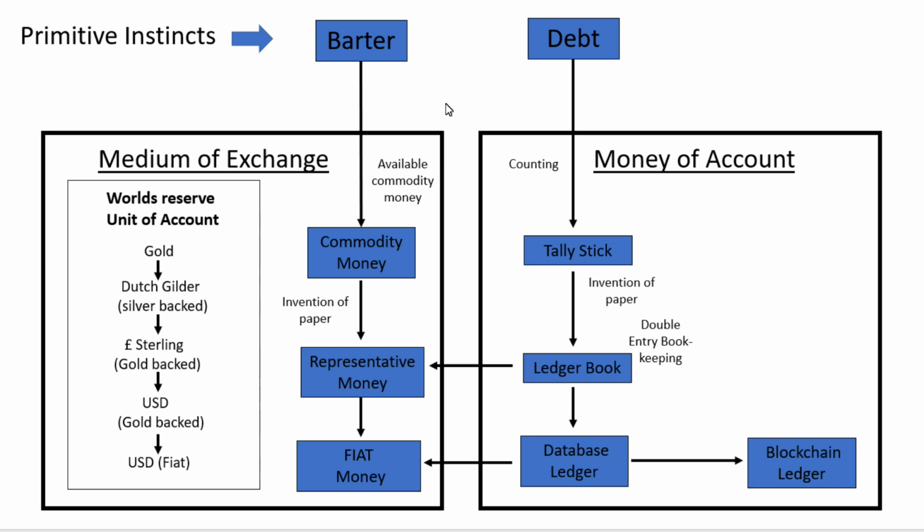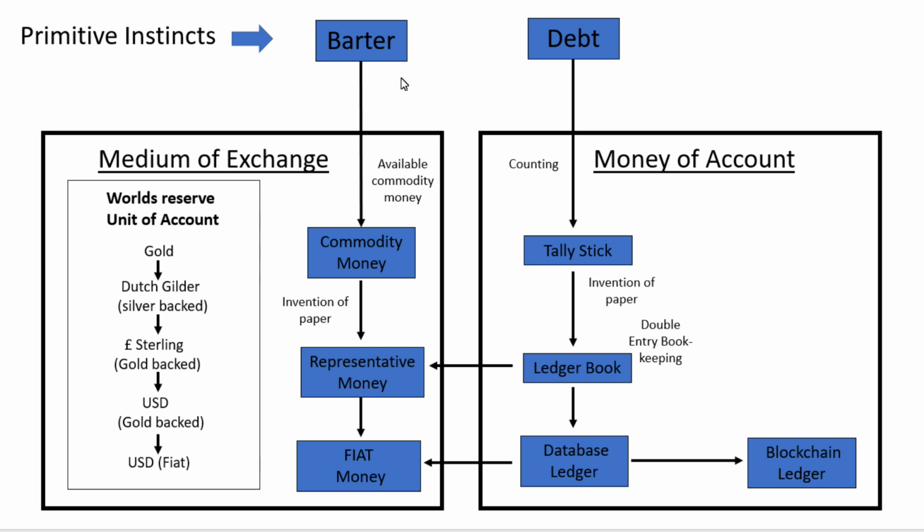So there are two primitive instincts that are quite fundamental to human nature, and one is barter and the other is debt. So with barter, that's this basic human instinct of swapping things. For example, I'll swap this fur coat for a couple of rabbits or something like this.